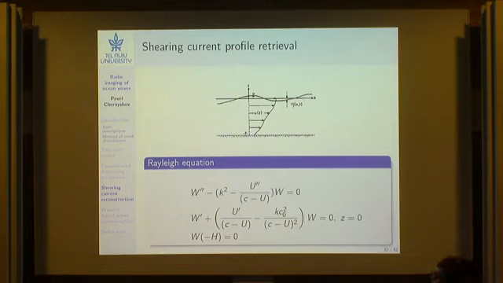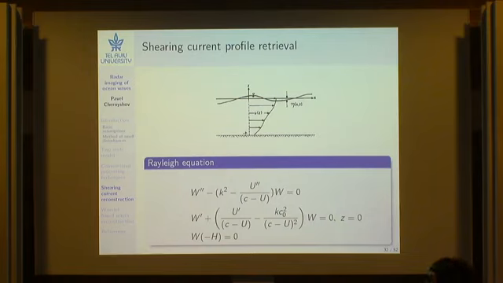One of the problems of particular interest is the shear and current profile reconstruction. We have a vertical profile of horizontal velocity U of z. Without going into details, the governing equation is the Rayleigh equation, together with the combined kinematic and dynamic free surface boundary condition and the condition on the bottom.